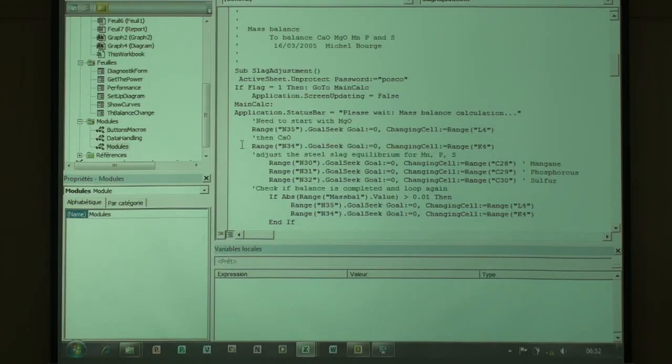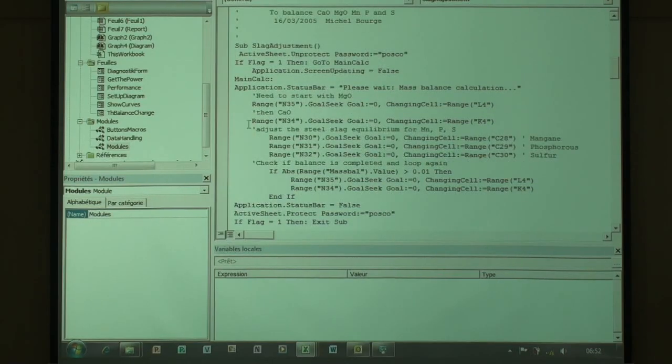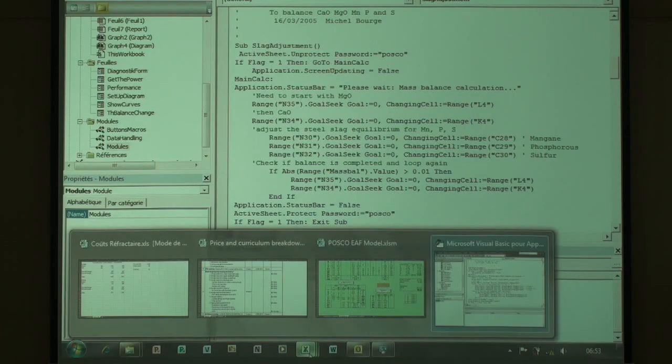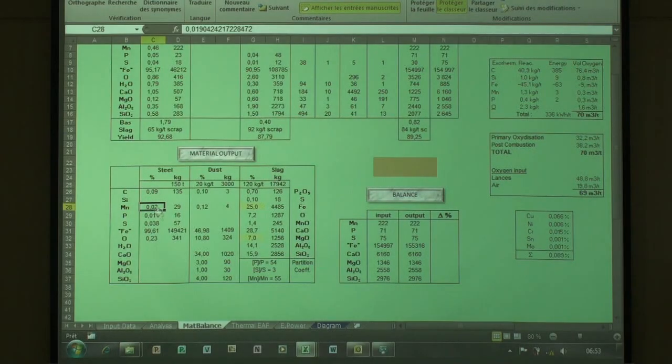So we balance the MgO, then the CaO, and then we adjust the slag equilibrium for manganese, phosphorus, and sulfur. That means this is the manganese, N30. N30 is the steel analysis.